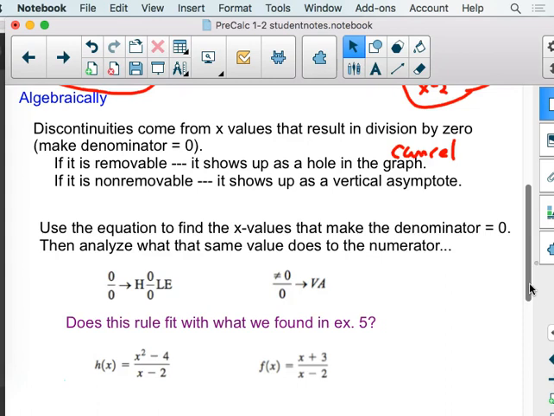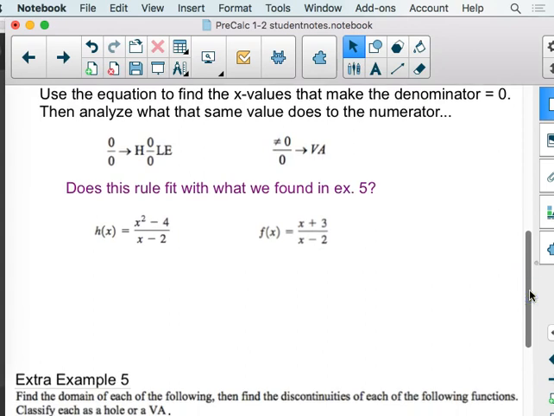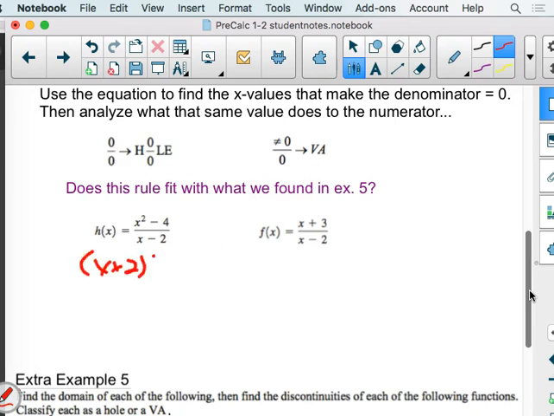So you start with the denominator. That's where you're trying to find out where are the holes, the breaks, the asymptotes. And then you use that numerator to figure out, is it going to cancel out here? And if it does, then it's going to be a hole. So this says, does this rule fit for what we found in example 5? Well, back up in example 5, these were the two that we just talked about, and I already wrote this down up above.